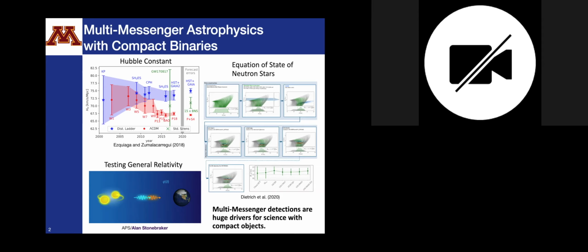On the right-hand side here, I highlight something from nuclear physics. So neutron stars are really excellent probes of some of the densest matter in the universe, something that laboratory measurements here on Earth simply can't get at.